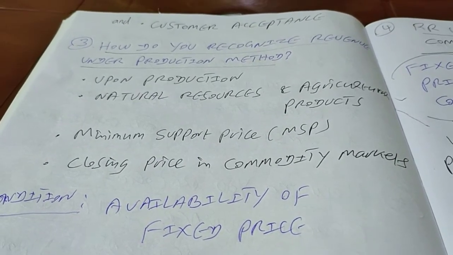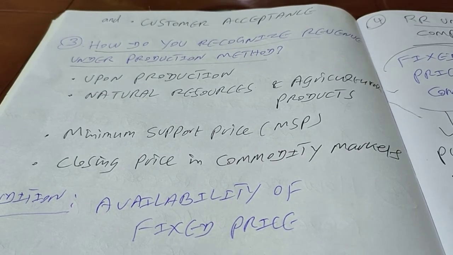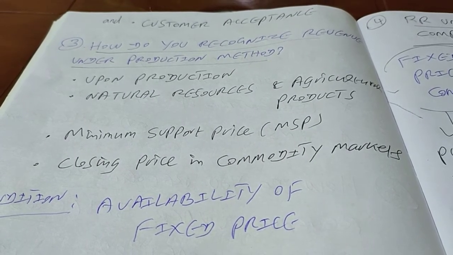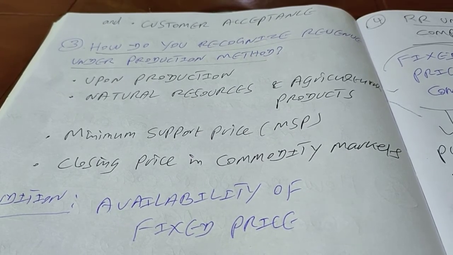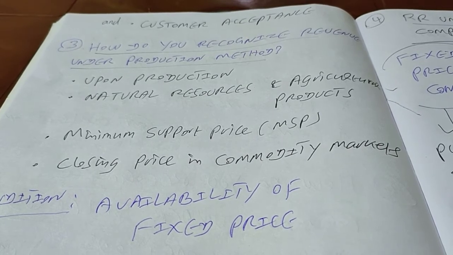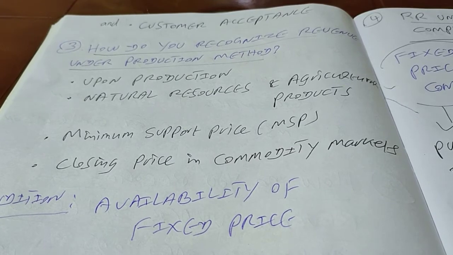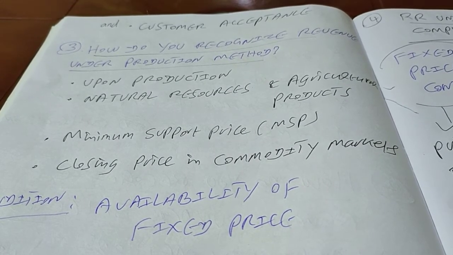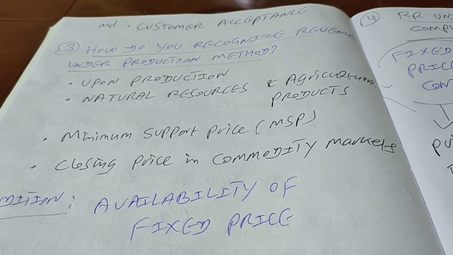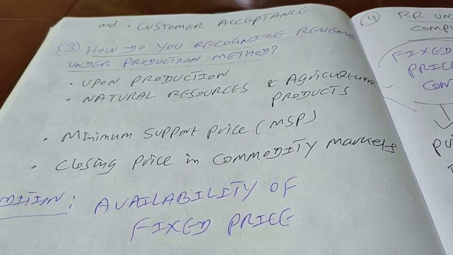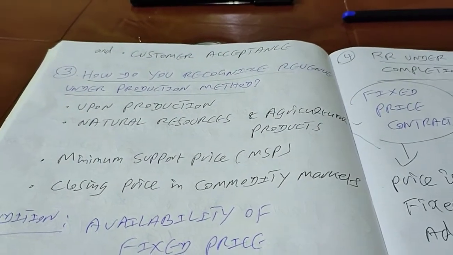For example, companies dealing with mining, say coal mining companies or lignite mining companies, or companies dealing with natural resources, once upon a time used production method for revenue recognition, wherein the price was more or less stable. Now the prices of commodities are going up and coming down, they are quite volatile. So mining companies are not using this method. Nevertheless, it's a theoretical method which can be used for agricultural products. So this method has limited usage.